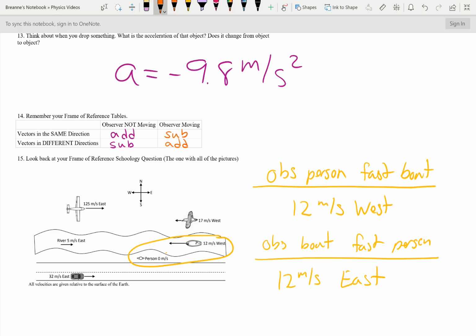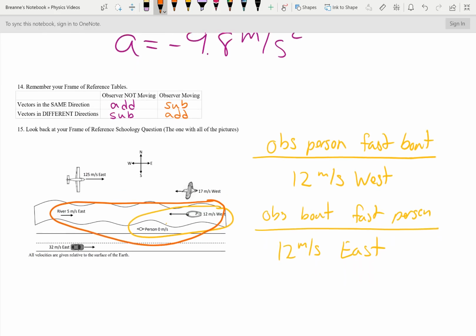Now, let's look at river, person, and boat.